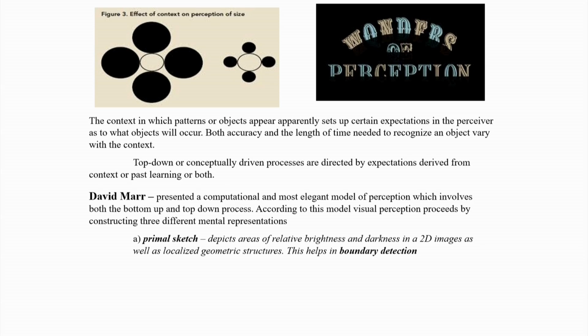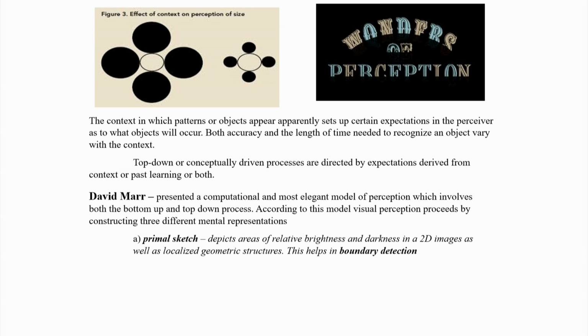So, according to Marr's model, perception progresses through a list of steps. In the first step, a primal sketch is made, and this primal sketch is actually a two-dimensional percept which has information relating to brightness and darkness and geometric structures. This basically helps people in detecting boundaries between objects, and between figures and backgrounds.